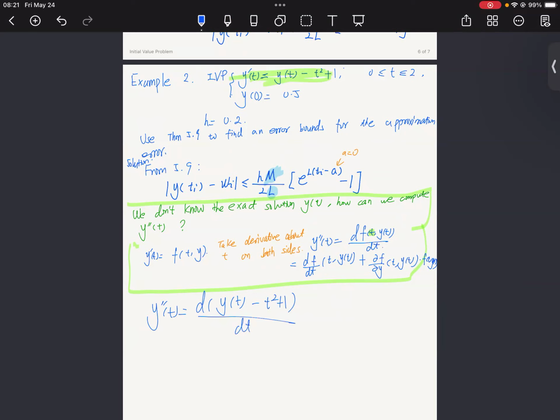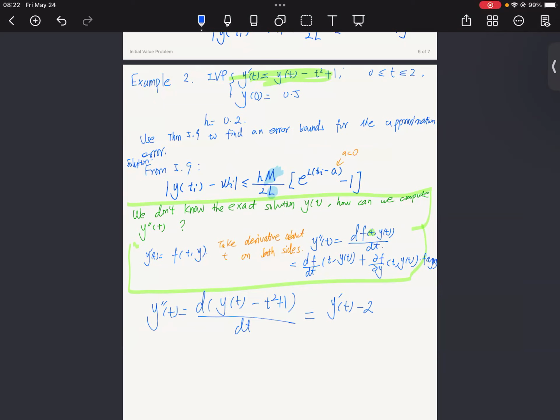And as you can see here, the first one is just y'(t), and the second one is just -2t, and this is the derivative.